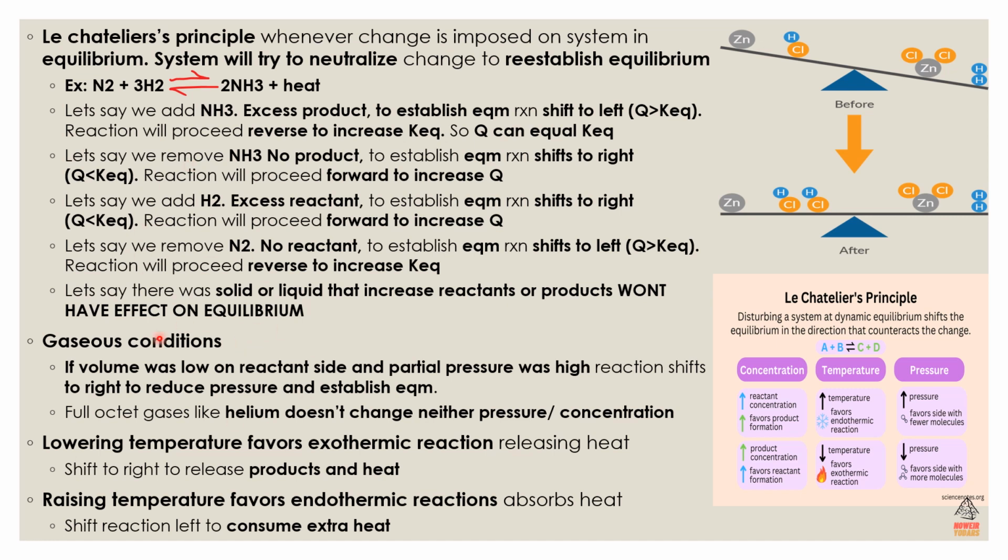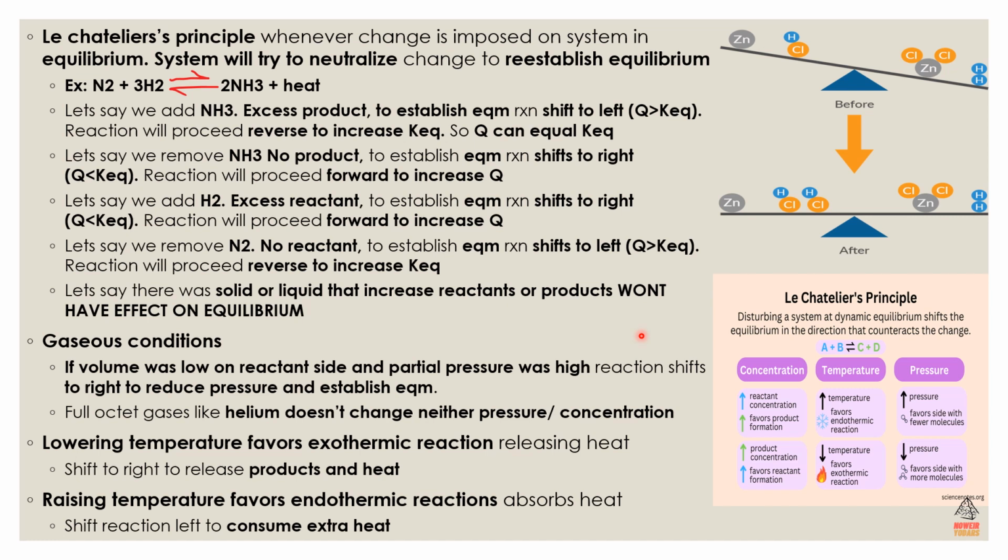Gaseous effects. So if volume was low on a reactant side and partial pressure was high, the reaction shifts to the right in order to reduce pressure and establish equilibrium. So basically, when the pressure is high, it favors the side with fewer molecules.